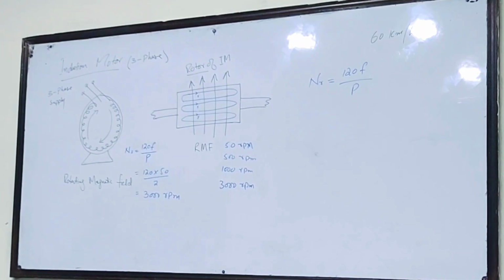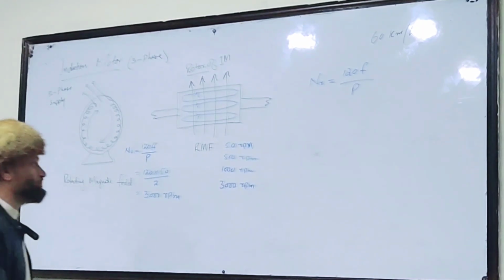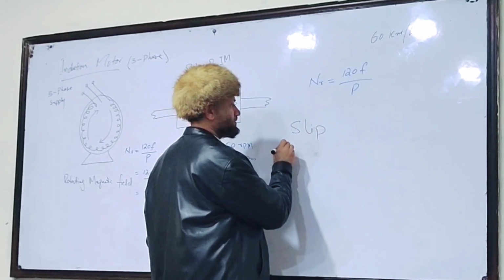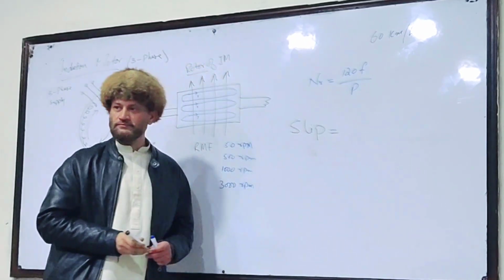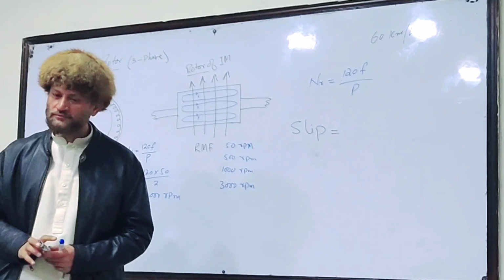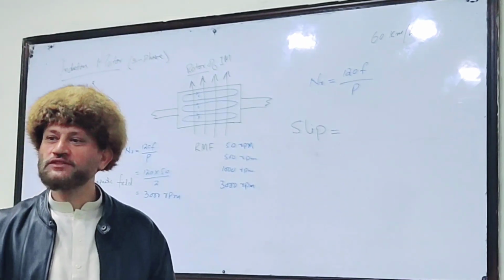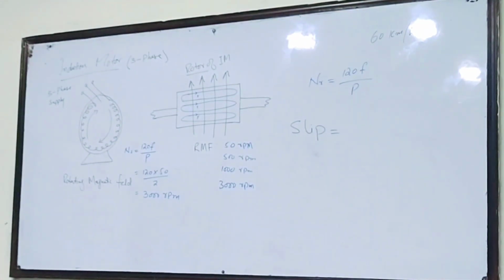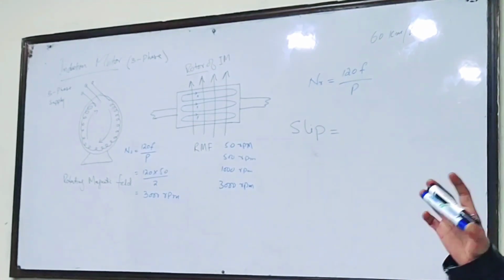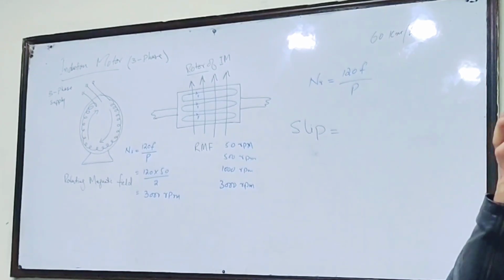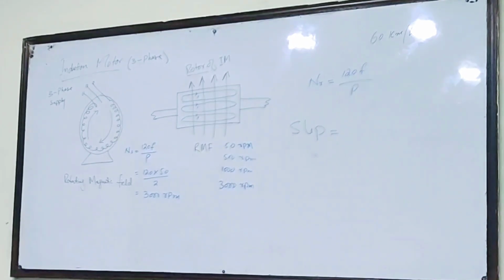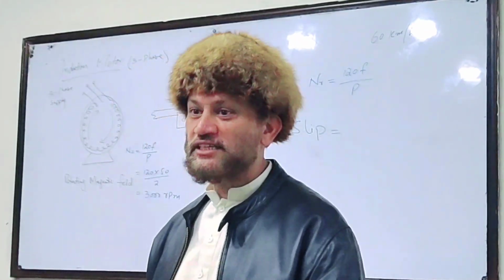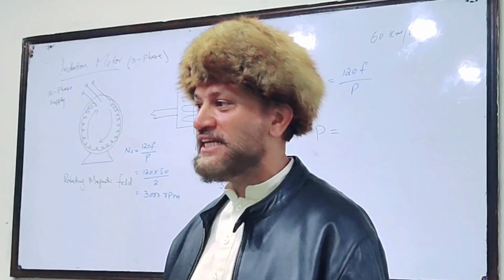Now, slip. The difference between the rotating magnetic field speed and the rotor speed is called slip.